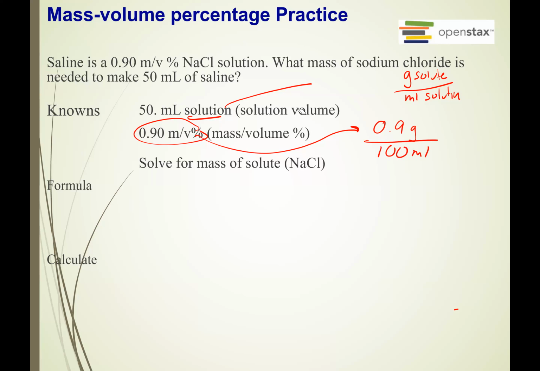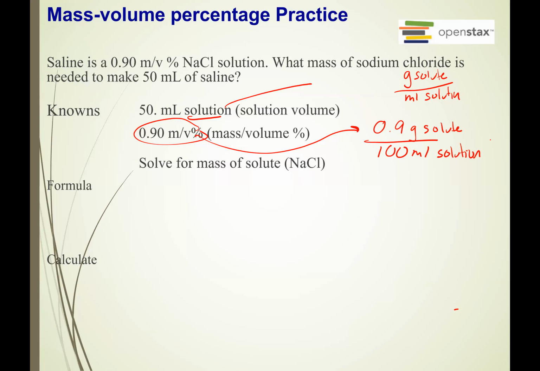That is what 0.9% means. So we can use this as a unit conversion. This is grams of solute over milliliters of solution.